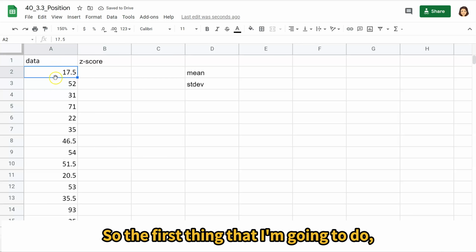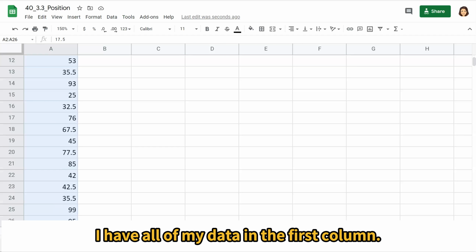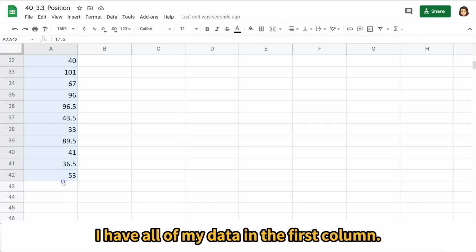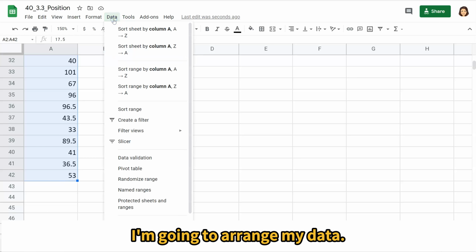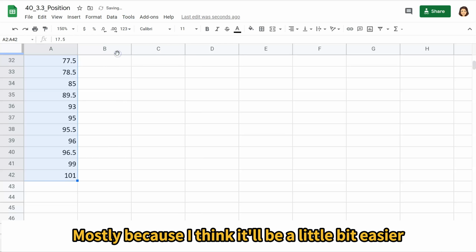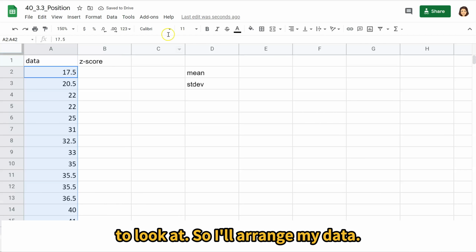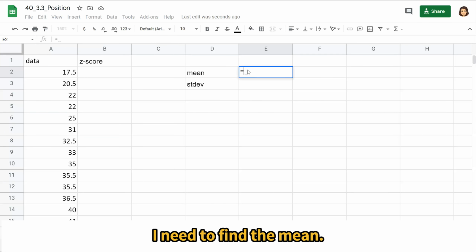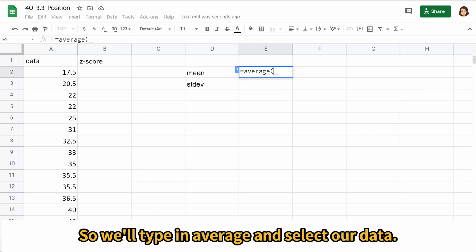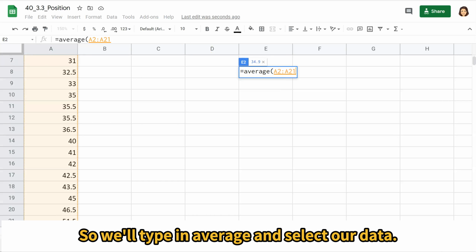Okay, so the first thing that I'm going to do, I have all of my data in this first column. I'm going to arrange my data, mostly because I think it'll be a little bit easier to look at. So I'll arrange my data. I need to find the mean, so we'll type in average and select our data.